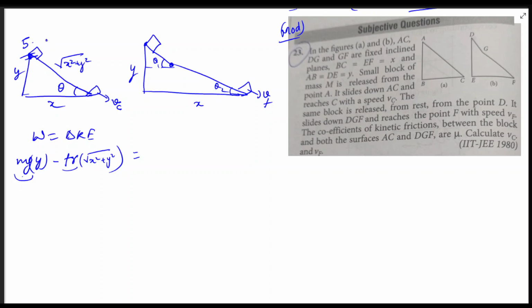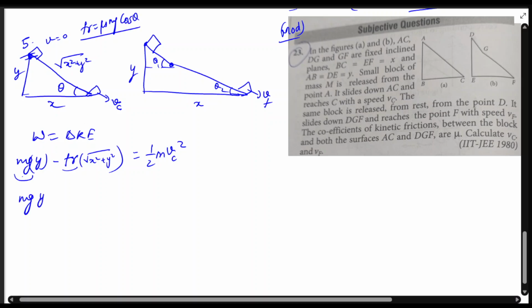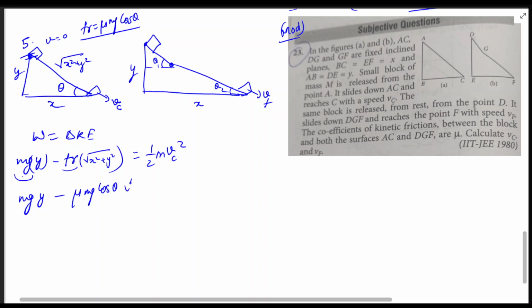Initially they are released from rest, right? So their initial velocity was 0 and the final will be half m vc square. Now friction we know how much it will be, mu mg cos theta, right? So we can write mgy minus mu mg cos theta times root x square plus y square equals half m vc square.